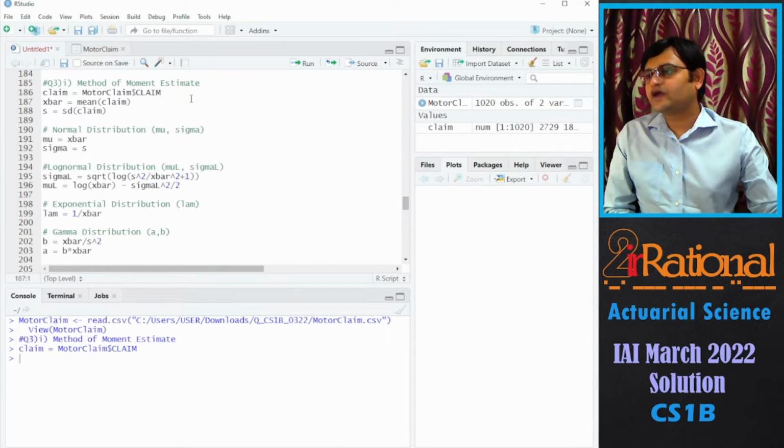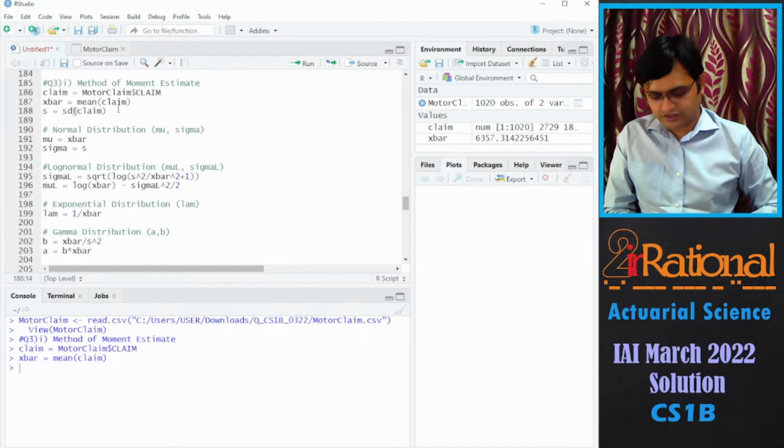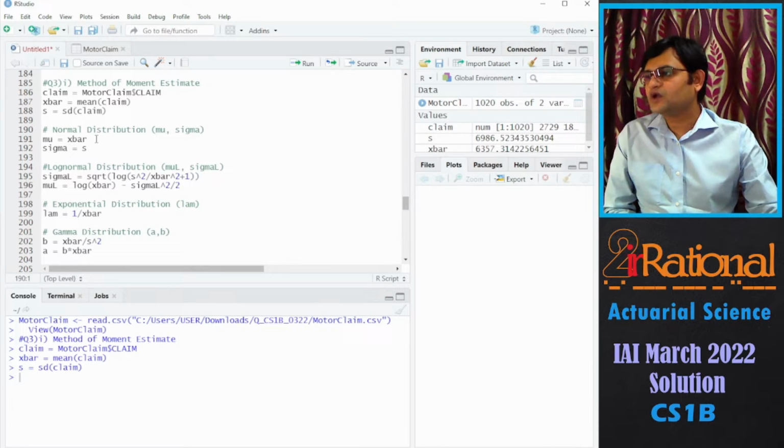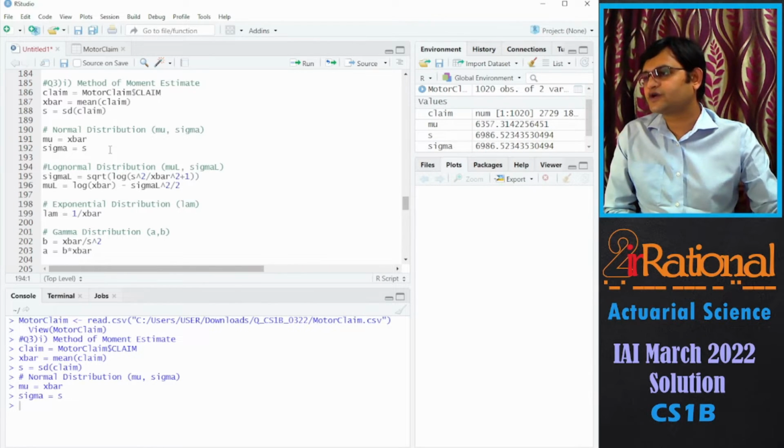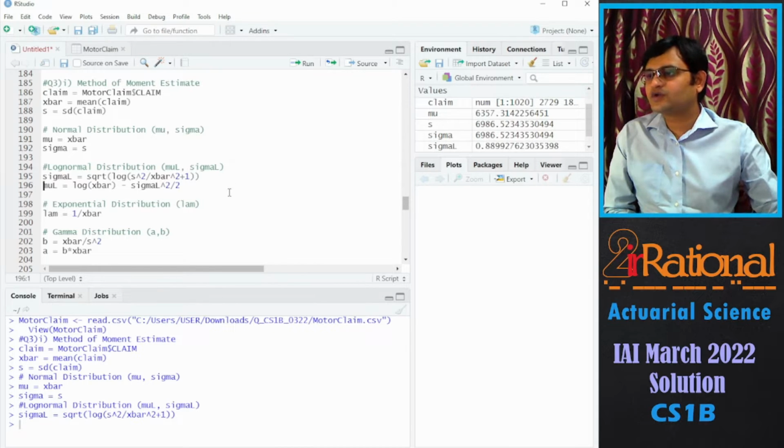Taken x bar as the mean of the claim and s as the standard deviation so that we can use it directly. For the normal distribution, I have said the parameters are going to be mu comma sigma. So mu is going to be our x bar, sigma is going to be s. Straightforward. For the log normal distribution, I have taken mu L and sigma L as the parameters. We just wrote the formula for both of them. So I have just written it here.